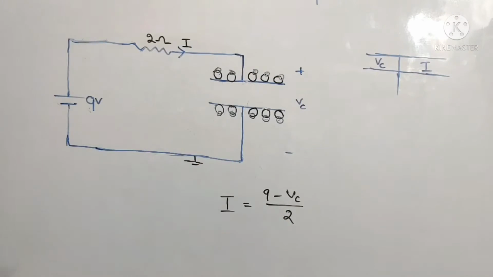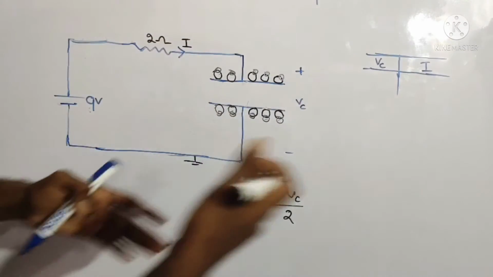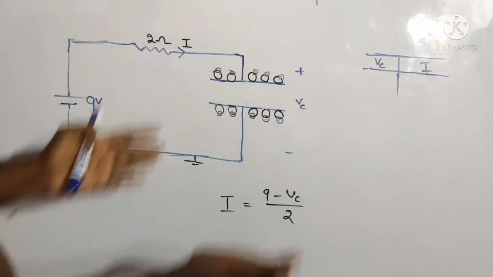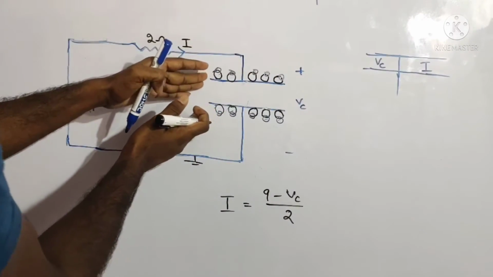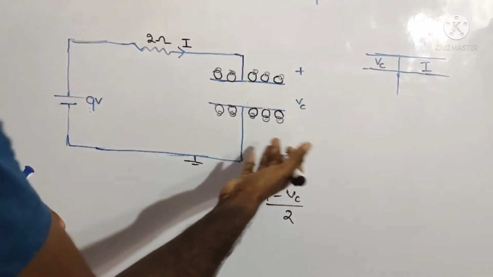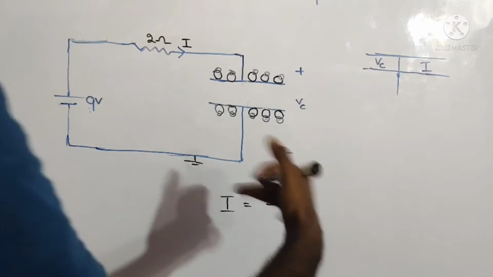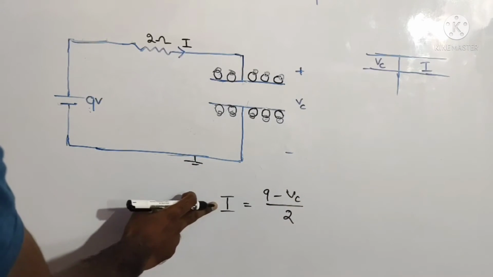So guys, I just want to tell you one thing. This Vc is a function of time, but I am not going into the complex equations. I'm just assuming some values for the voltage, and theoretically calculating the value of the current.